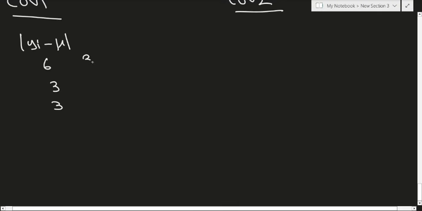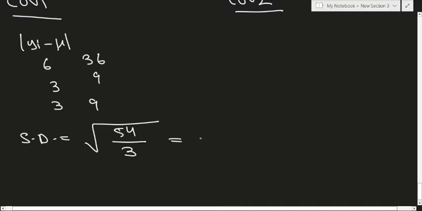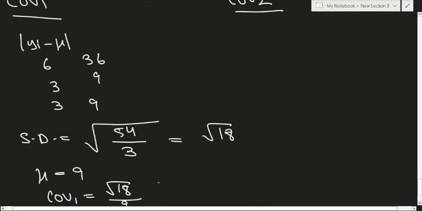We square them up, we get 36, 9, and 9. We add them up, so standard deviation is under root 36 plus 9, 45 plus 9, 54 upon n. This comes out to be root 18. Mean we had 9, so COV1 is root 18 upon 9, 0.4714.